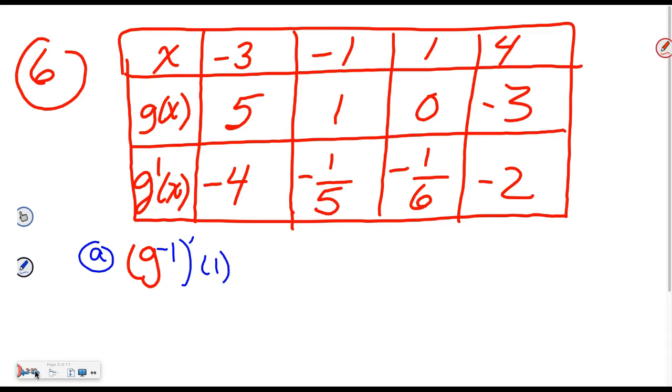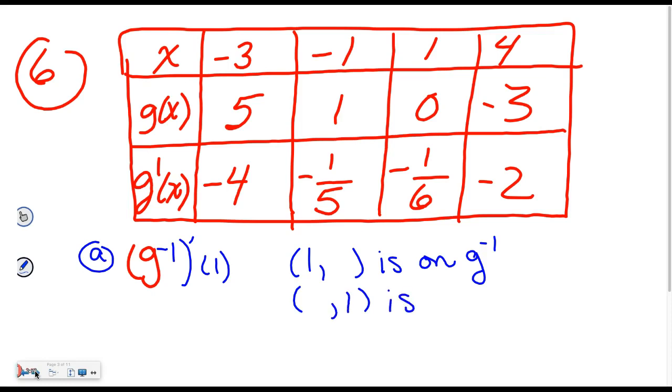So again, let's start this. What I know is that 1 comma something is on g inverse. It has to be. How can I find the derivative there if it's not on there? Which also tells me that something comma 1 is on g.